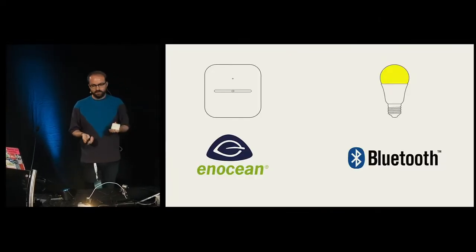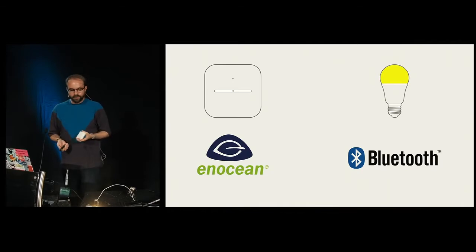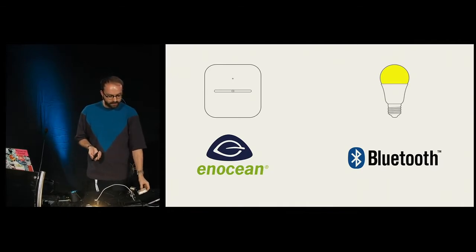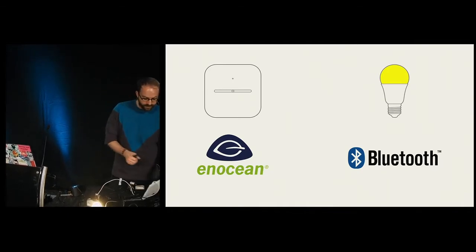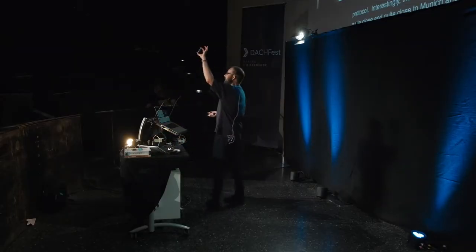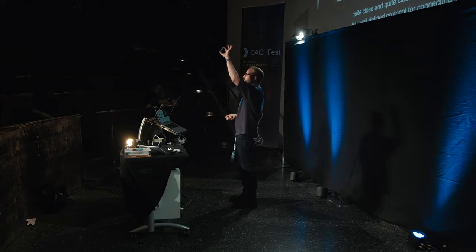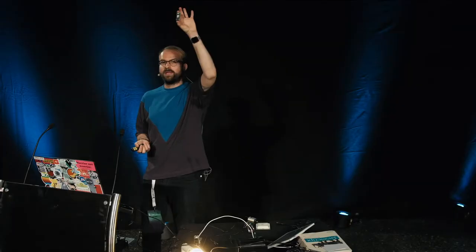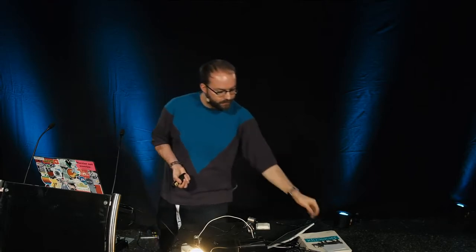It is a very well-defined protocol for connecting wireless IoT or smart home devices. You can use development dongles like this to have a bridge from USB to that wireless protocol. And then I'm going to use that light switch to turn on and off a Bluetooth bulb.